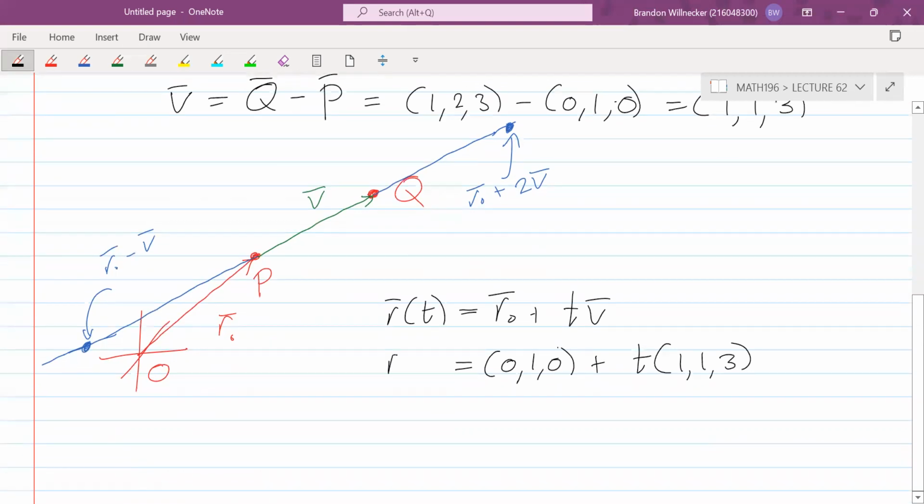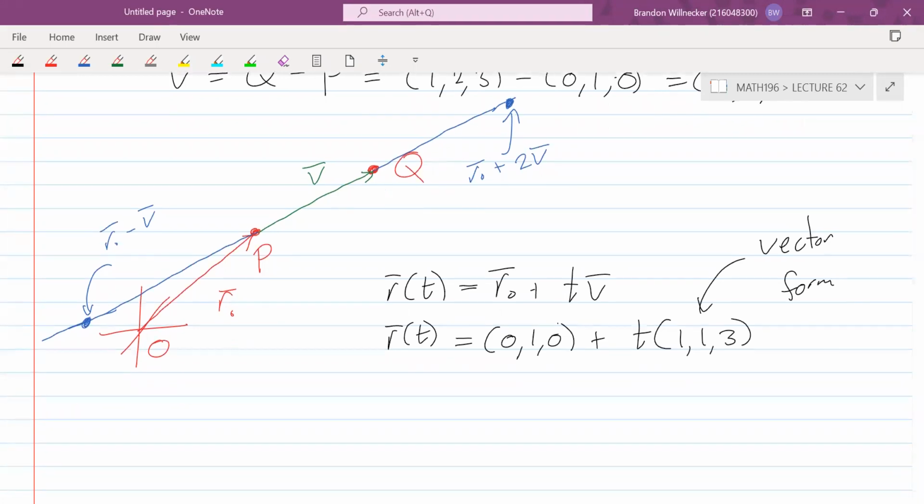So this is our vector form. We can leave it like that. Just make a little note, this is vector form. So let's do the other forms just to complete the example. That's number 1. Number 2, let's do the parametric equations form.